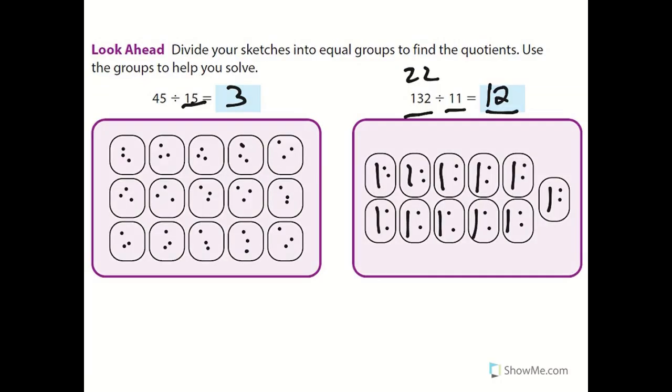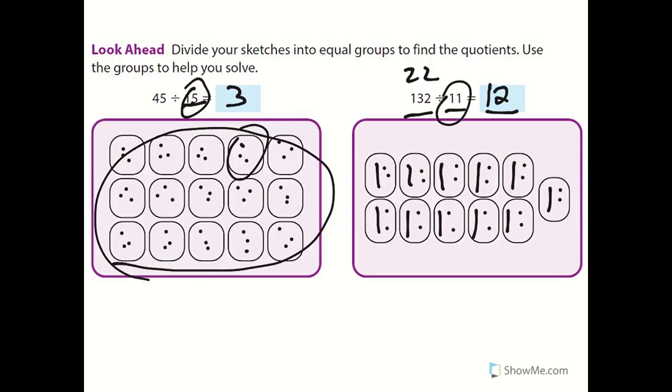So when we have 15 groups, because there's 15 of these total, we're going to have 3 in each group. When we put them in 11 groups, there's going to be 12 in each group, right? 12 in each of these, 3 in each of these. And that's what we're doing when we're dividing, putting them into groups and seeing how many are in each group.